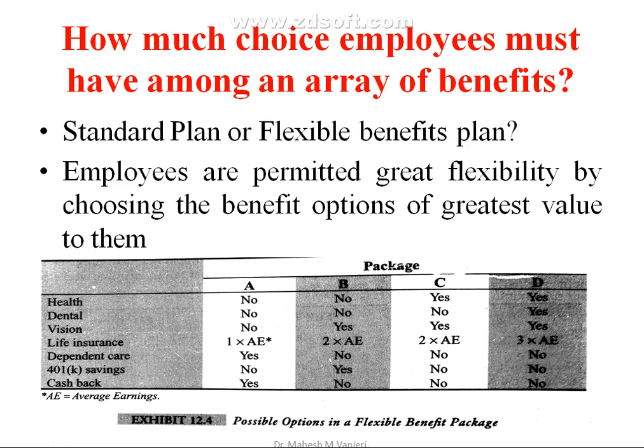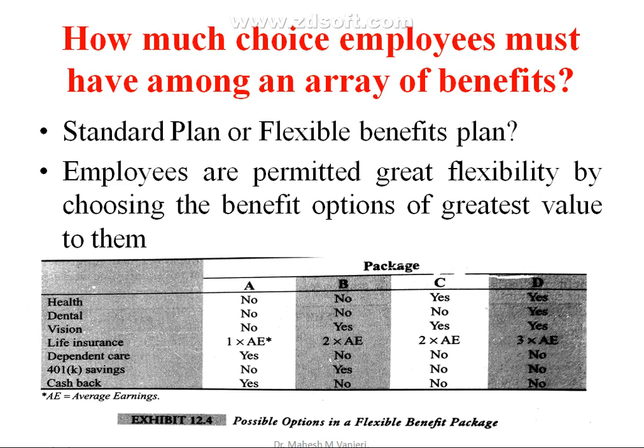If you look at employee A, AE is average earnings, he has opted for life insurance of 1 times his average earnings. Then he has opted for dependent care. Who are dependents? Wife and children. It means he is a married person with children.